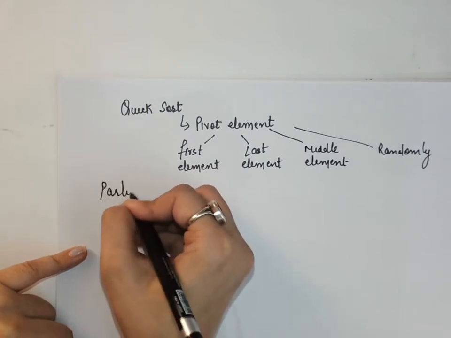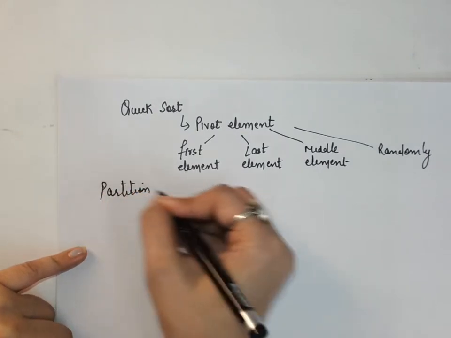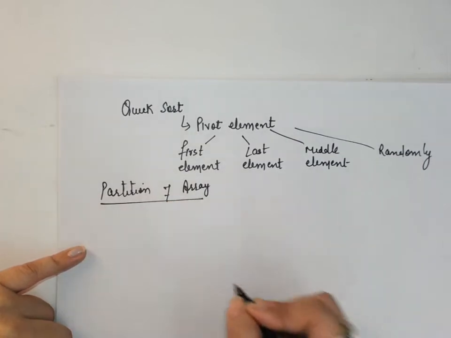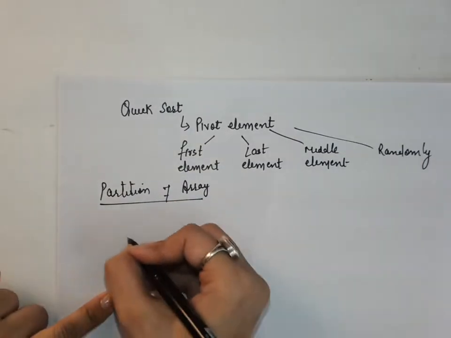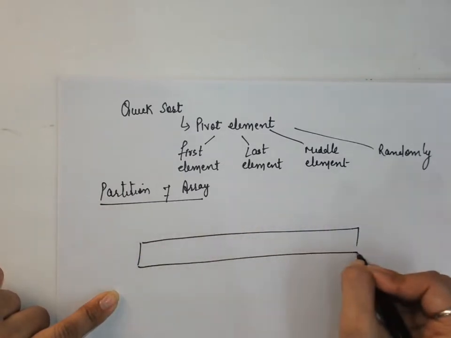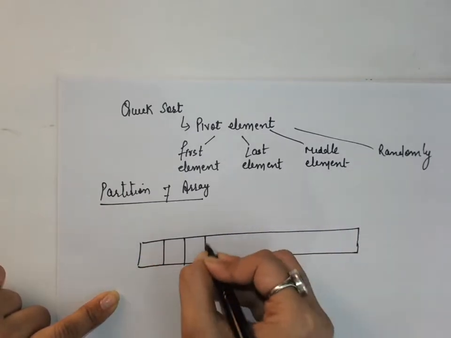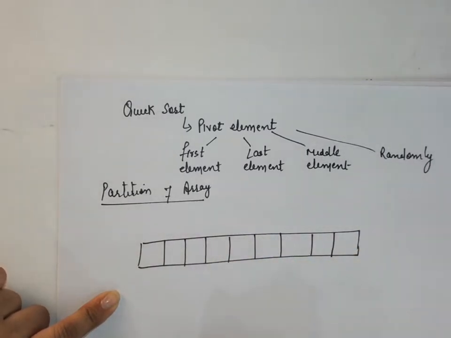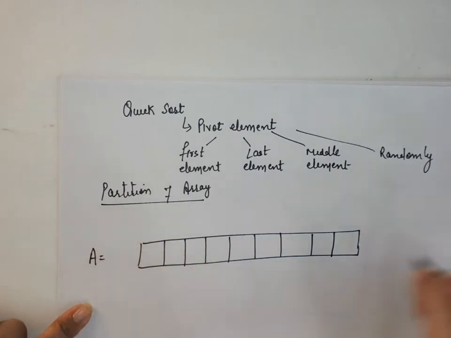In this, partitioning of the array occurs, and how does it occur? Suppose I have an array and X is my pivot element.